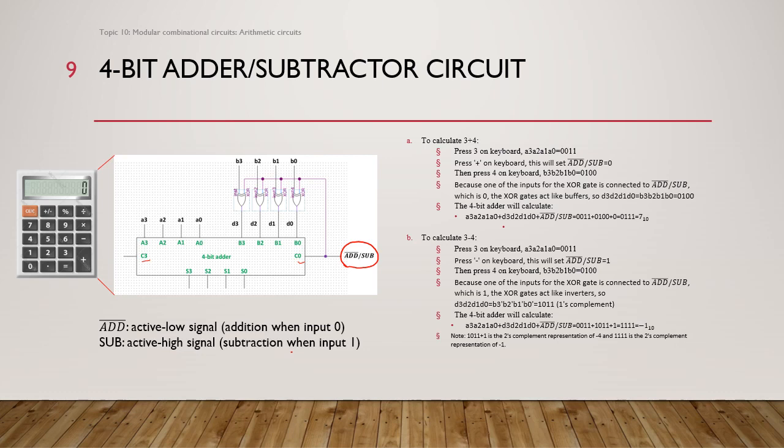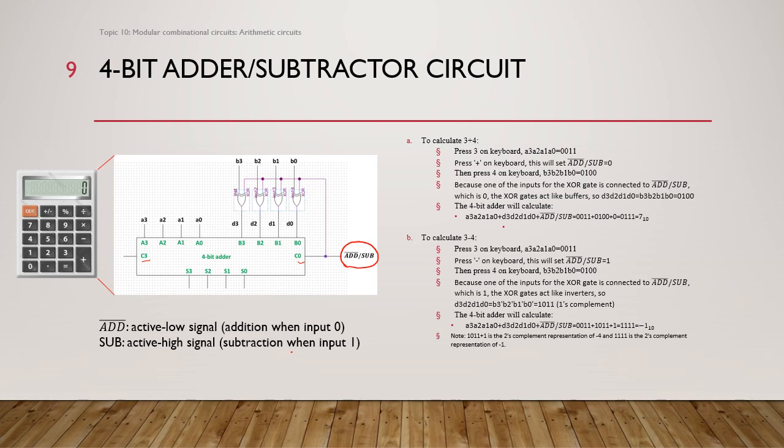Now let's see how this circuit works to solve our problem. Let's first try an easy one. Say 3 plus 4. We know the answer is 7. But how does the calculator work? When we do that, first we press number 3 on the keyboard, right?